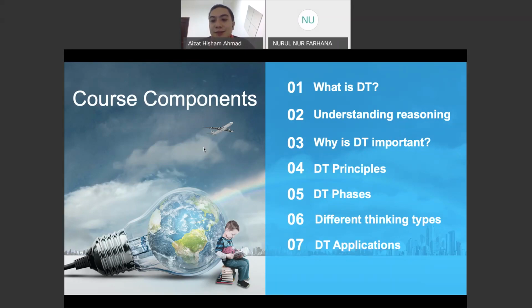And of course, I would give you some applications that are relevant to all of you, especially the students. And these DT applications would be something you can make use of later on in the future. All right, once you have finished this course, then we can take advantage of what you have learned today. Okay, so those are the 7 components that you will be learning today.